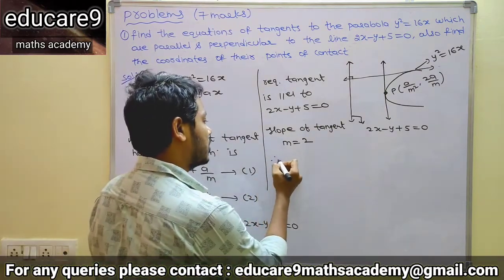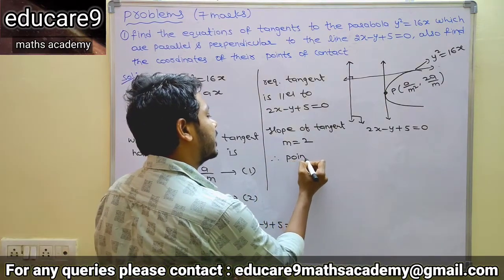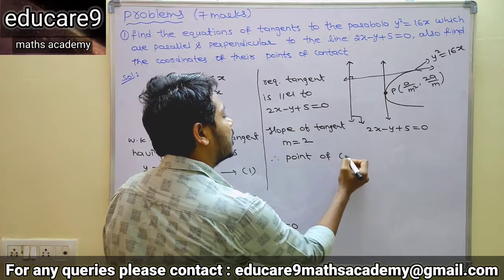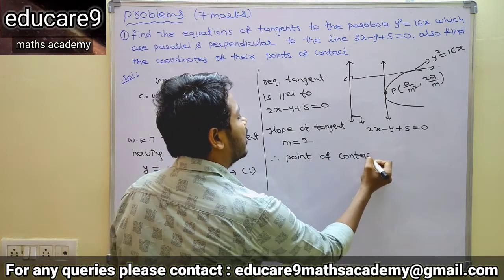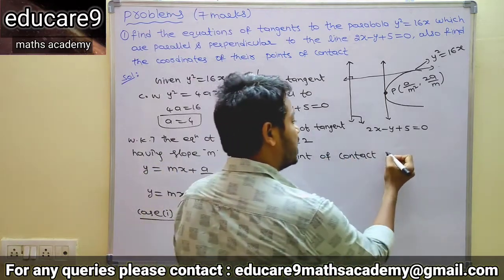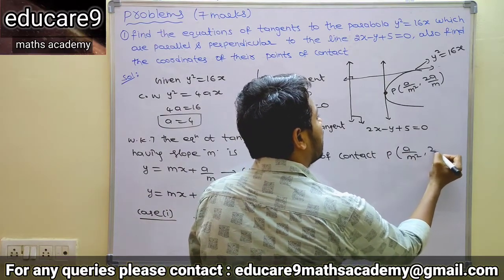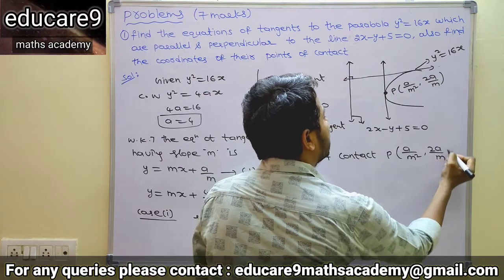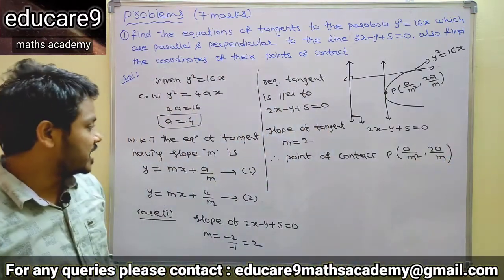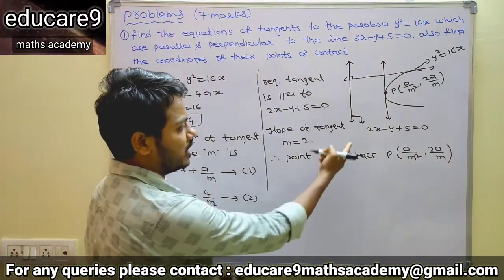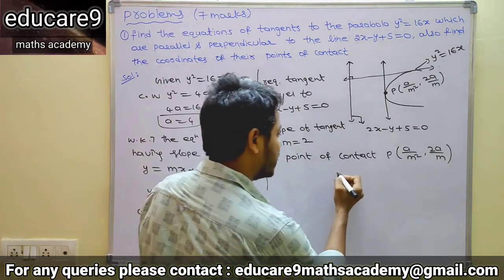Therefore, the point of contact P is a by m square comma 2a by m. What is the value of a? 4, and m value is 2. Substitute here.